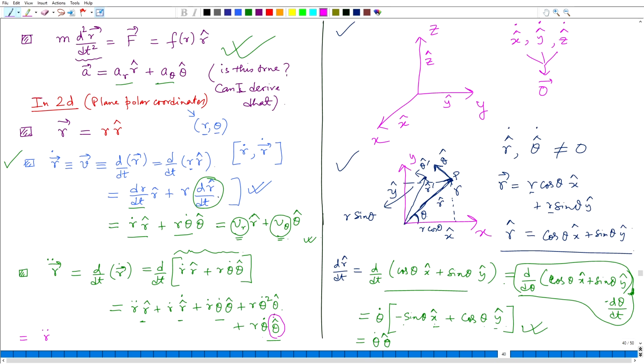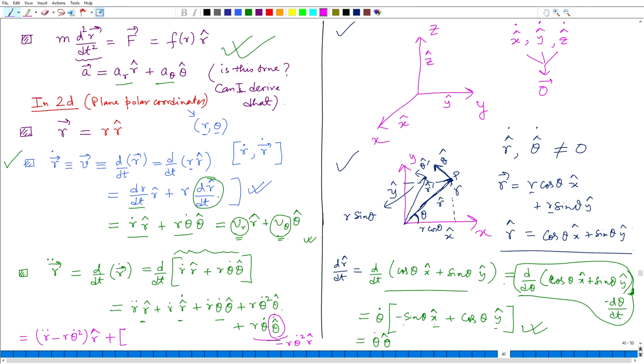So, you have this whole thing as minus r theta dot square r cap. So, you will have minus r theta dot square r cap plus all these things which have the direction theta cap, because r cap dot is nothing but theta dot theta cap.